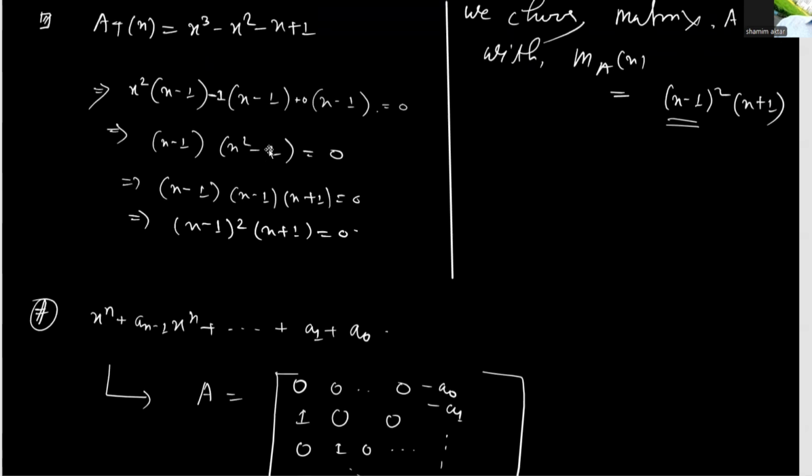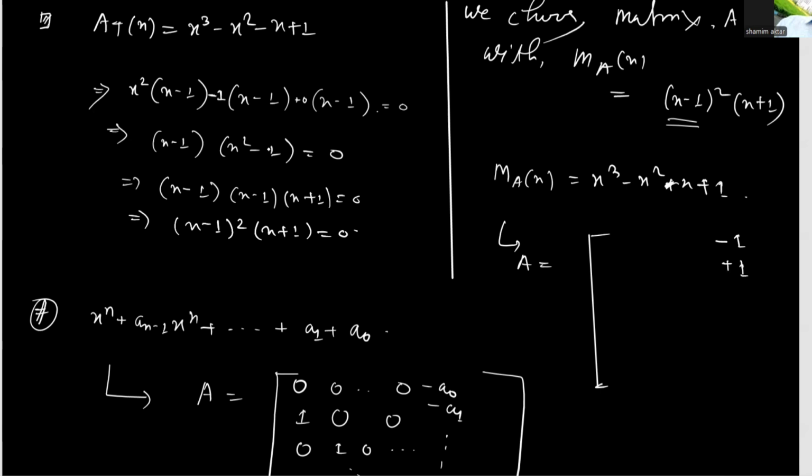So here the minimal polynomial is A(x) equal to x cube minus x square minus x plus 1. The corresponding matrix A is defined as follows: the first row is 1, 1, minus 1, then 1 0 0, and 0 1 0.